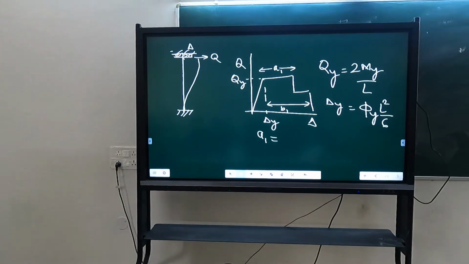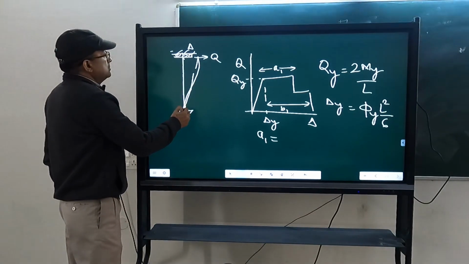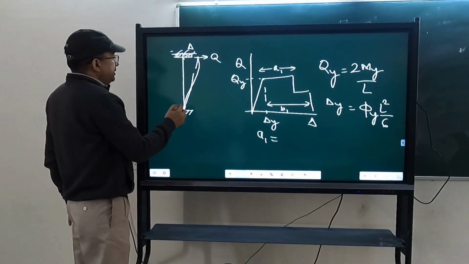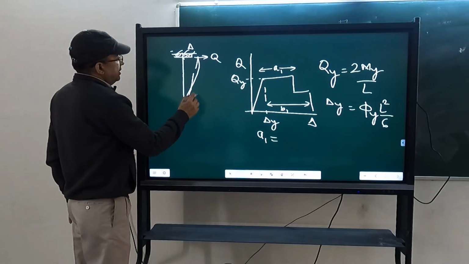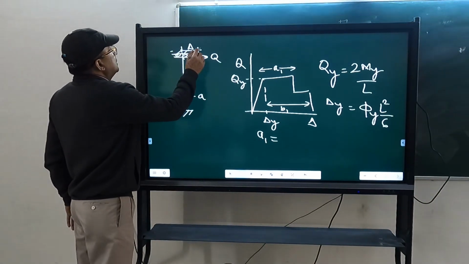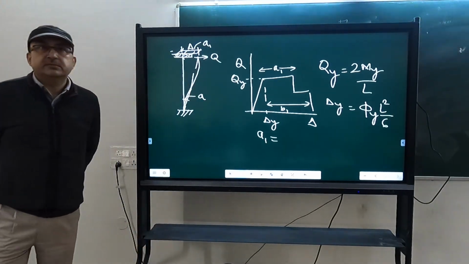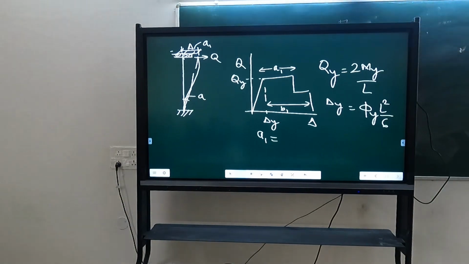A1 is plastic deformation. So when this is occurring A, this will be A1. So how much will be A1? What was A in the previous case? When we plotted the M versus theta curve, we saw A, B, C. So what was A?